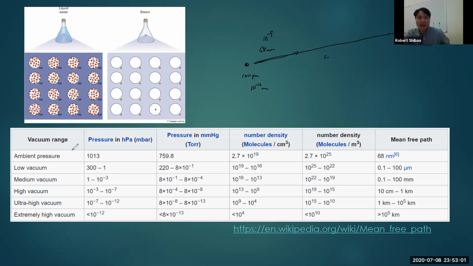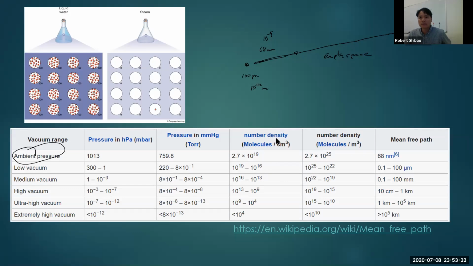So even at ambient pressure, we say gas is mostly empty space. This is ambient pressure here. The next molecule is about 1,000 times its size away. So mostly empty space. You don't need to memorize these numbers. These numbers are just to give you some perspective on this type of stuff.